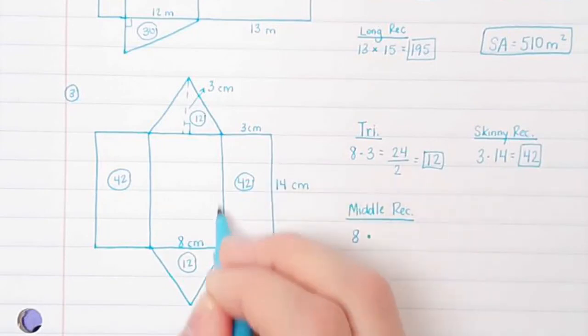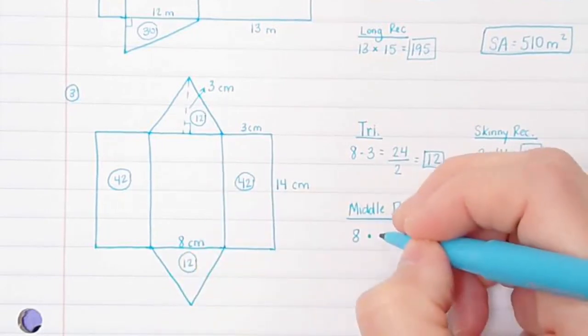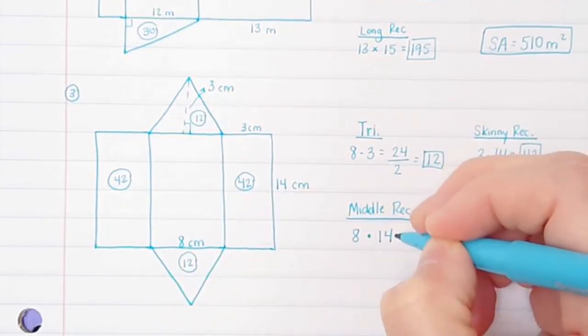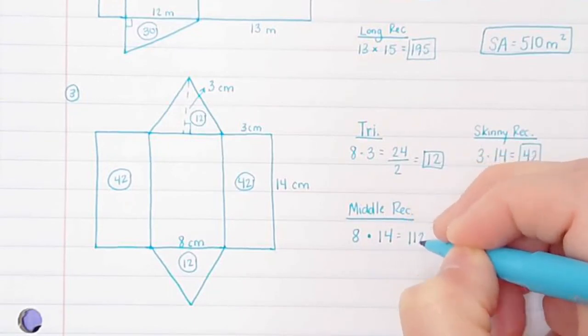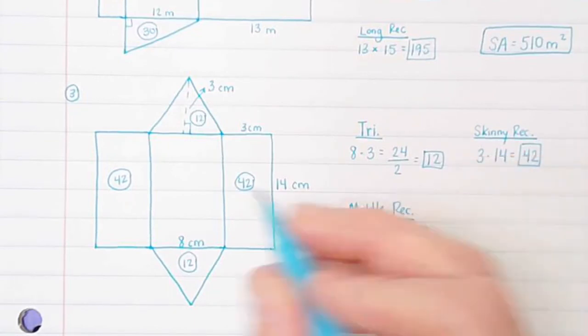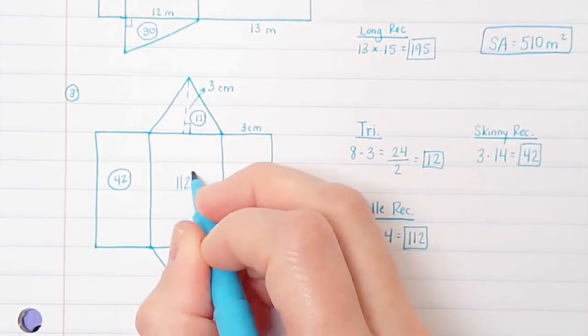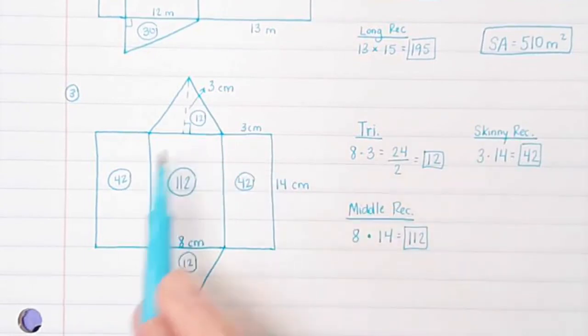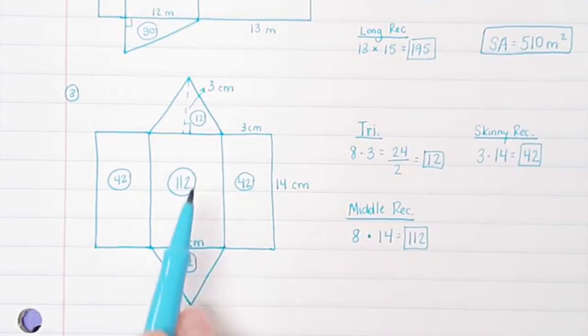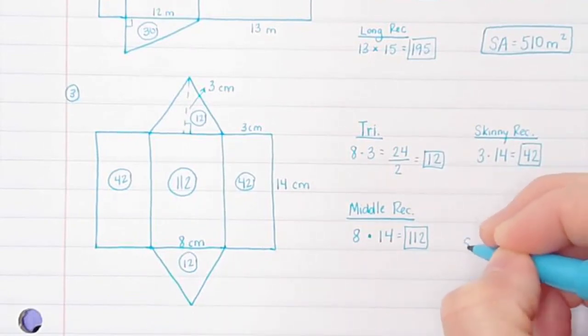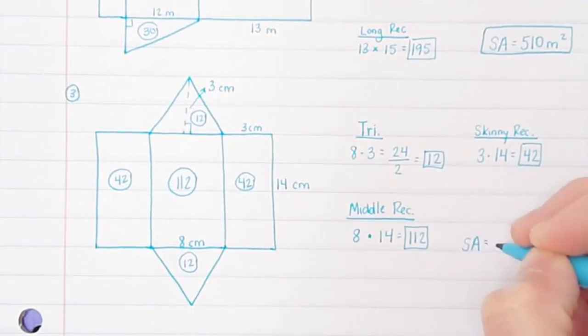So 8 times 14 is going to leave me with 112, and this one doesn't have a match. Okay, so I can clearly see every face has a circled area, so therefore I can say that I'm done. I just need to add up all these circled numbers, and when I add them up, I get a surface area of 220 centimeters squared.